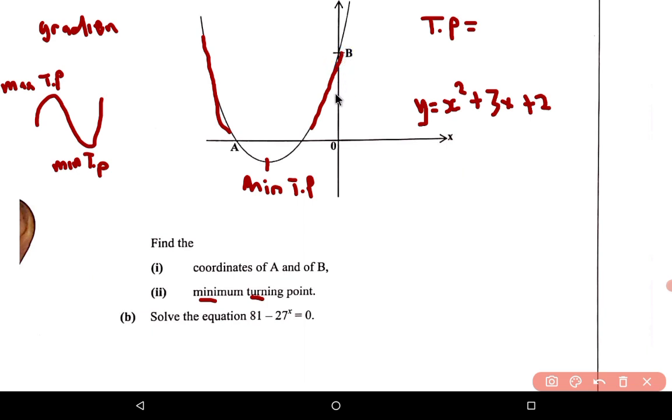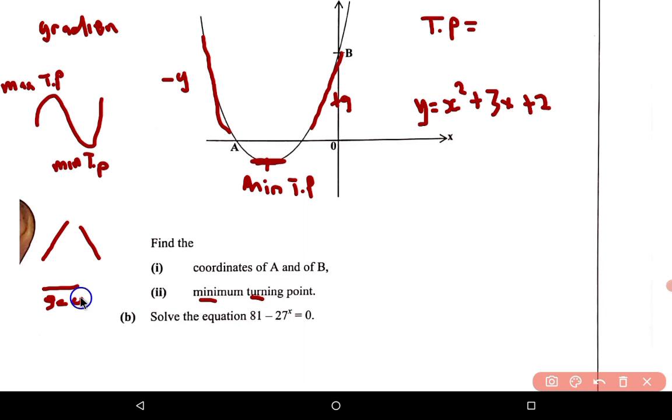This one is a positive slope because it's going up, so there is a positive gradient. This one is coming down, so it is a negative gradient. But at the turning point, there is no slope actually, it's horizontal. A slope is something like this or like this, but if it's straight here, your gradient is 0.